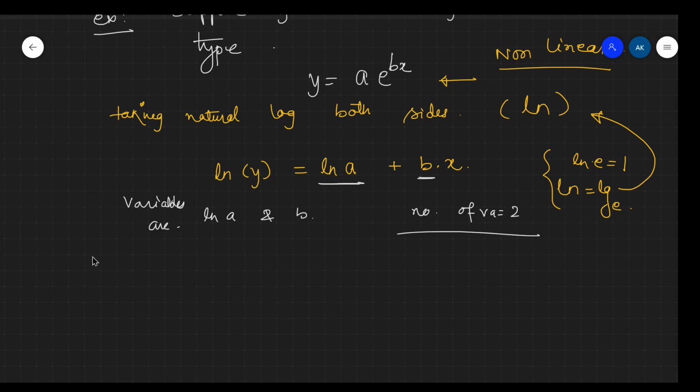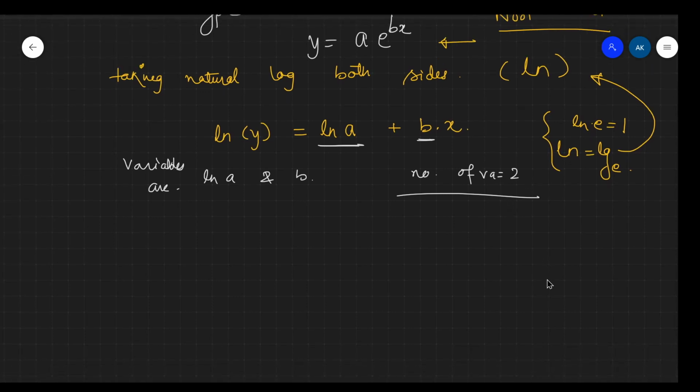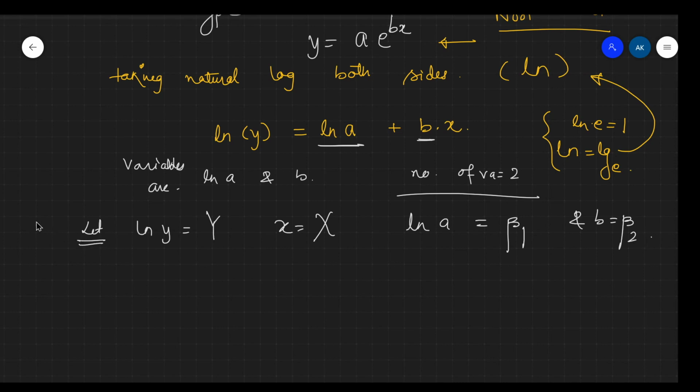What I will do is let ln y be equal to capital Y and x be equal to capital X. Then our above equation will become, with ln a equal to beta 1 and b equal to beta 2, we are assuming it.